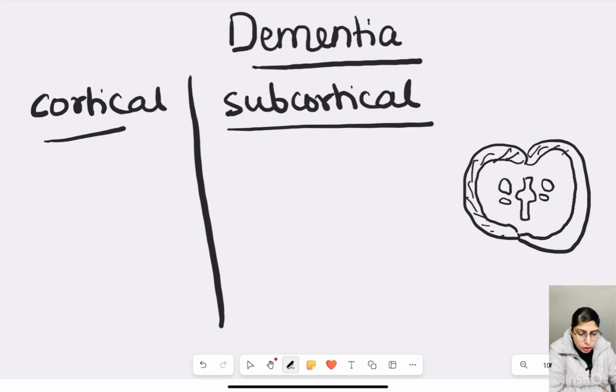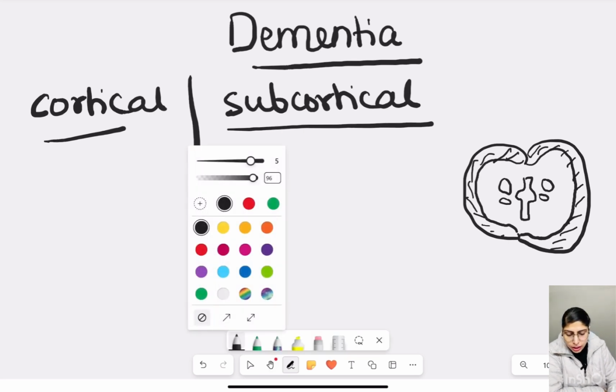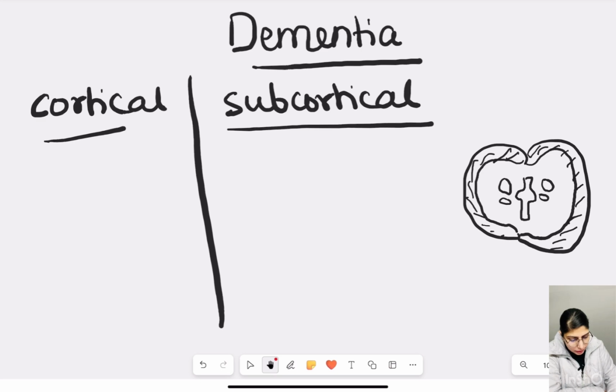So, the outermost part of the brain, this gray matter, is the cortex, and as we move inwards towards the white matter, that is the subcortex. Now, the features of subcortical involvement and the features of cortical involvement are completely different, and hence we need to differentiate between these two. So, there is a mnemonic for subcortical dementia.